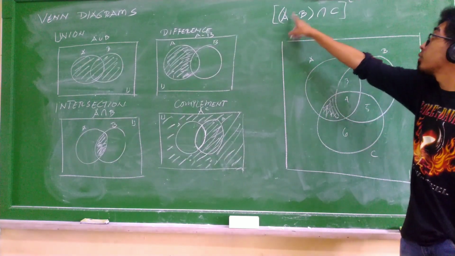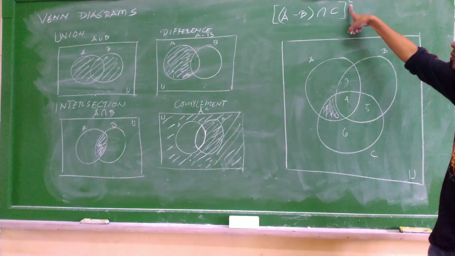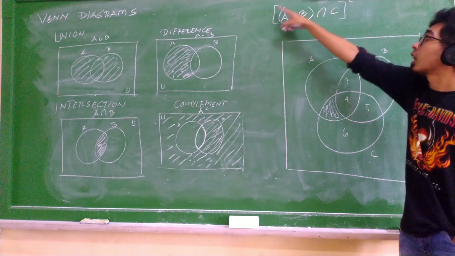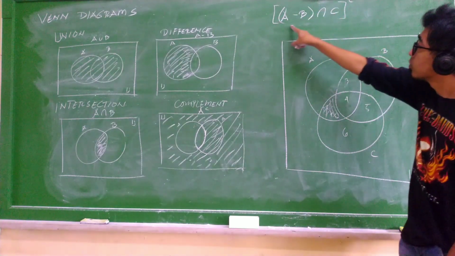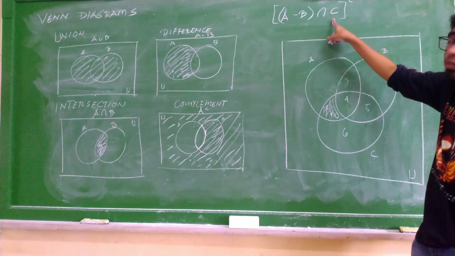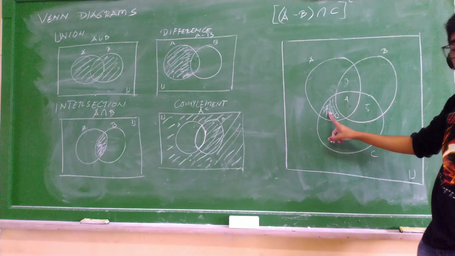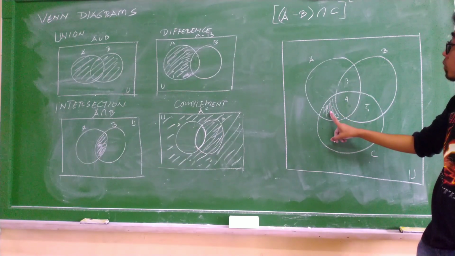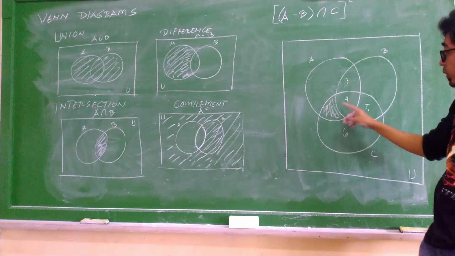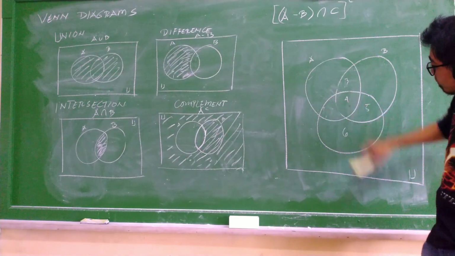Now, we have one final operation, which is complement. Everything outside of this. This part of the problem only considers region number 2. So if we're going to take everything outside of 2, we're going to shade everything except 2.